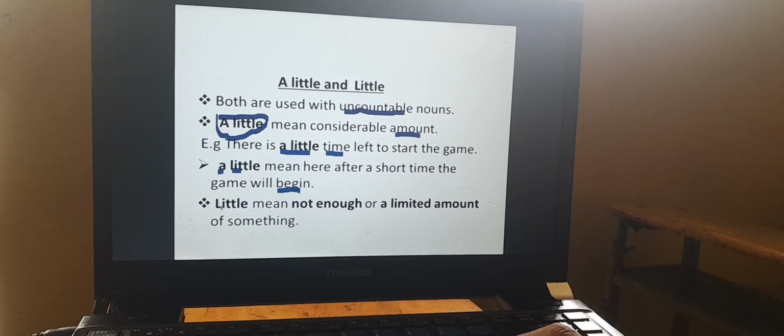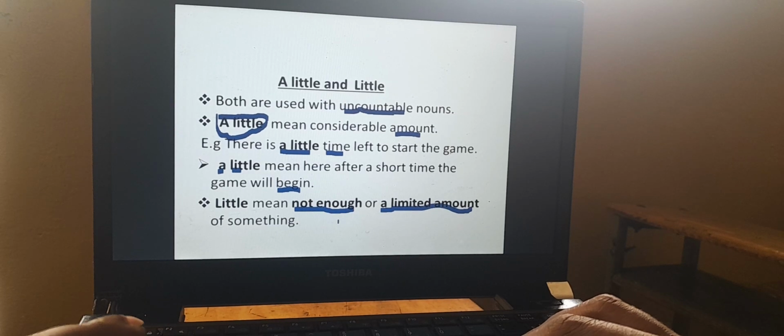But when we proceed to this one, little means not enough. The amount of the uncountable noun is not enough, or it has almost reached its end, a limited amount of something. So you should know the difference between a little and little.